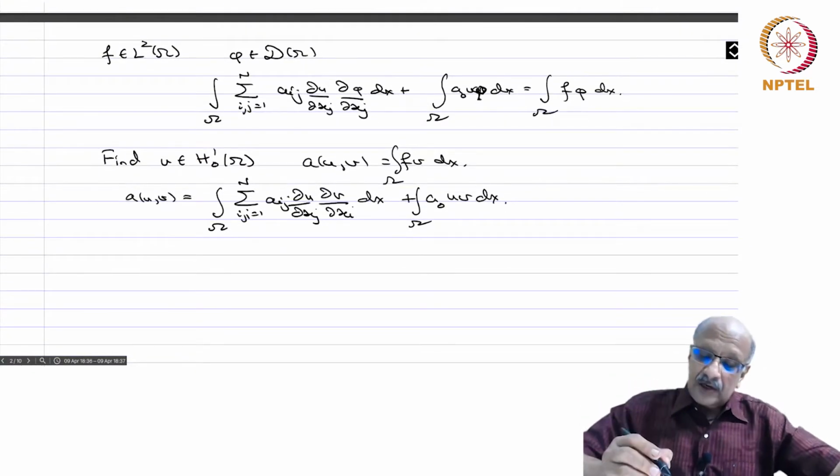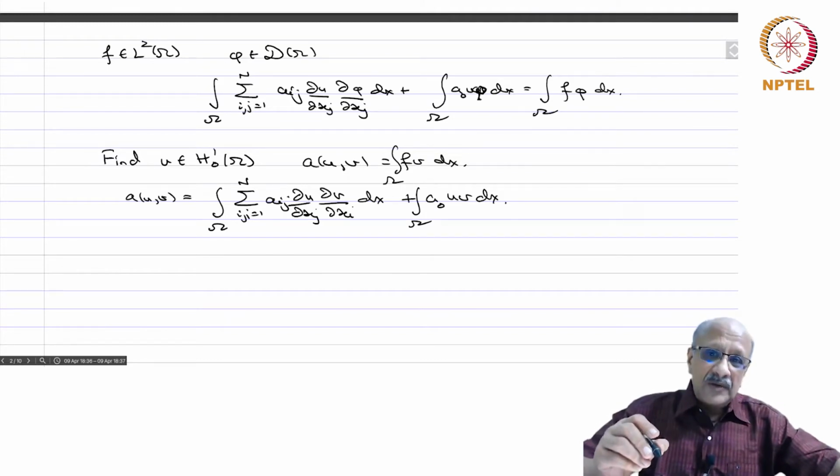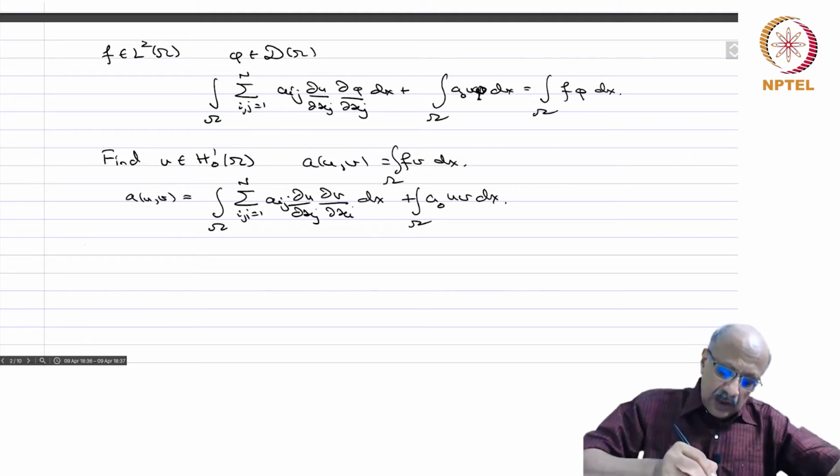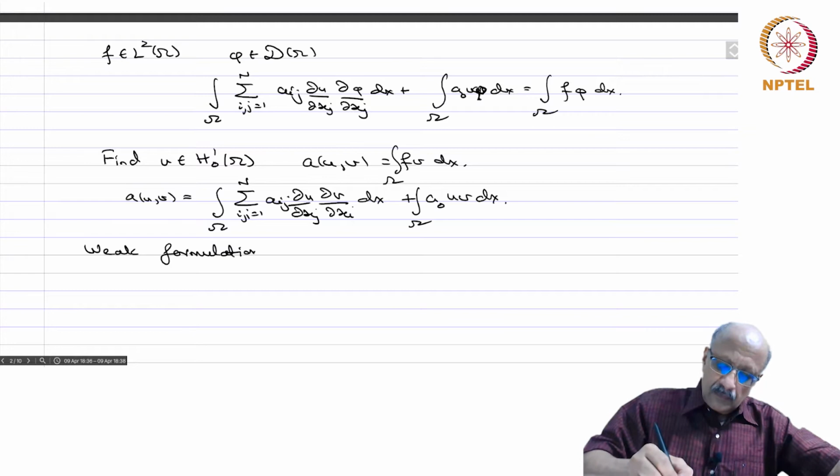So for the weak formulation, you always have to mention three things: what is the vector space, what is the bilinear form, what is the linear form. The linear form is integral of f v dx on Omega, f is in L2. The bilinear form is given by this expression here, a(u, v), and the vector space of course is H10 of Omega. So that specifies what is called the weak formulation of star.